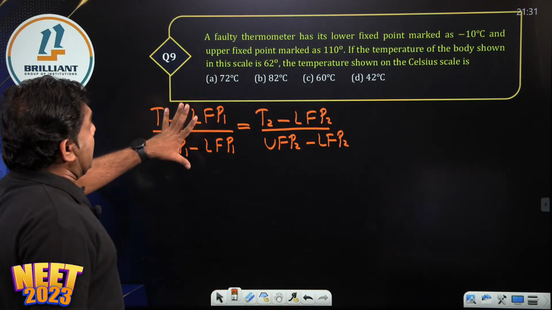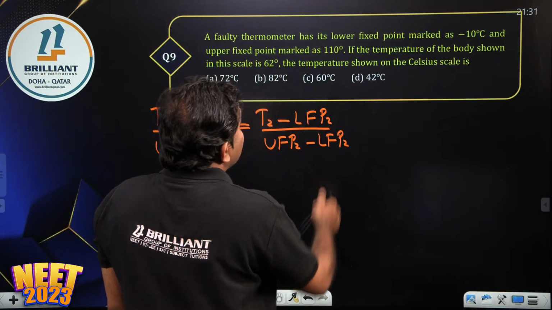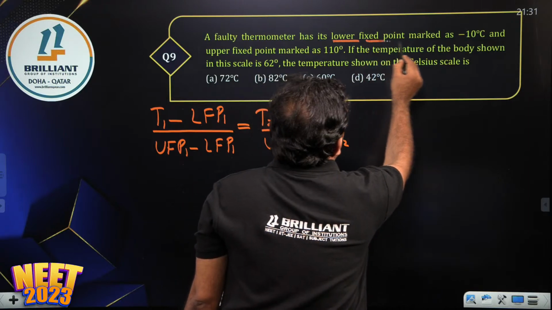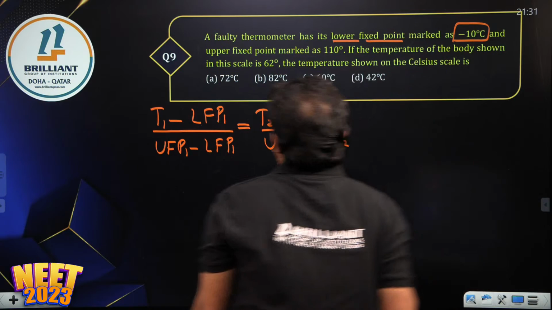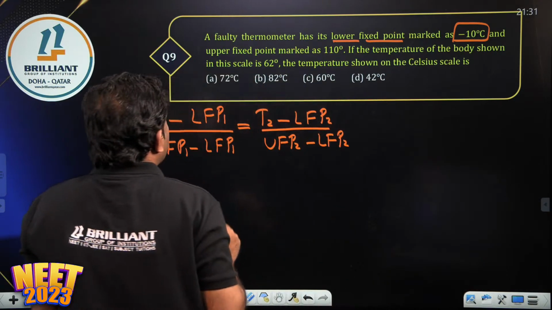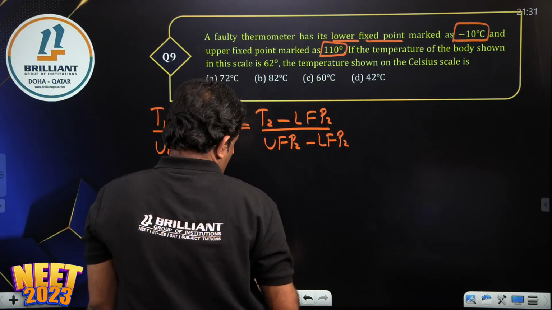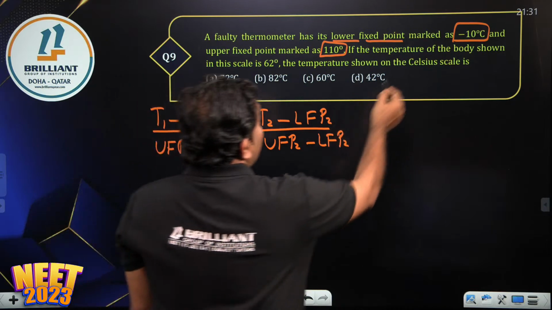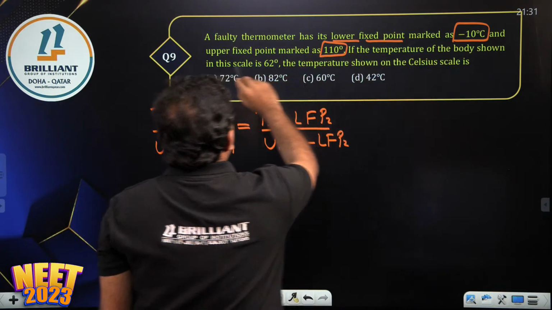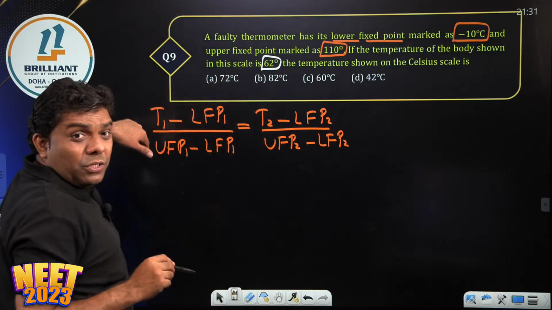So we can see in this question, a faulty thermometer has its lower fixed point, L of P, marked as -10, and upper fixed point, U of P, marked as 110. Now, if the temperature of the body shown in this scale is 62, so T1 is 62 given.